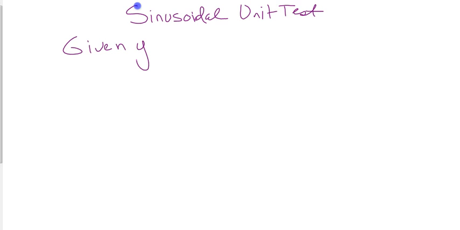Okay, the sinusoidal test. Given y equals a sine bx plus c plus d. So I'm going to give you one of those with numbers, right? Actual real life numbers.